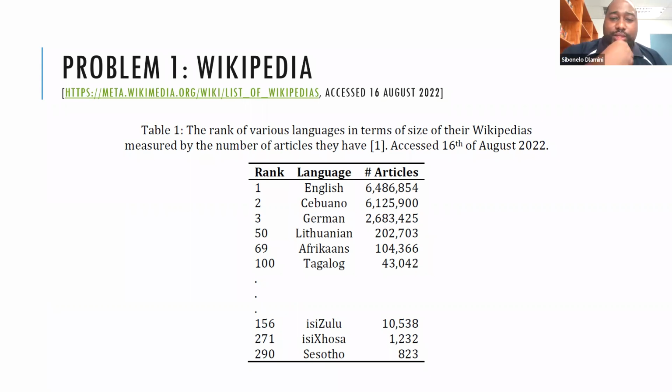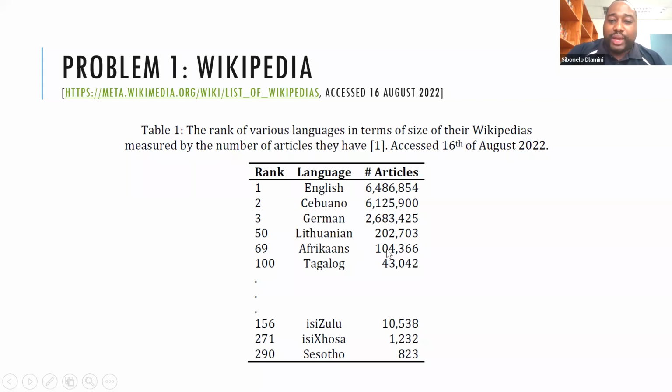If you look at this list, you'll notice that in the first 100, here we've got the rank, the language, and the number of articles. Only Afrikaans, we'll leave English out, only Afrikaans out of our official languages is in the top 100. And it's number 69, so it's respectable.